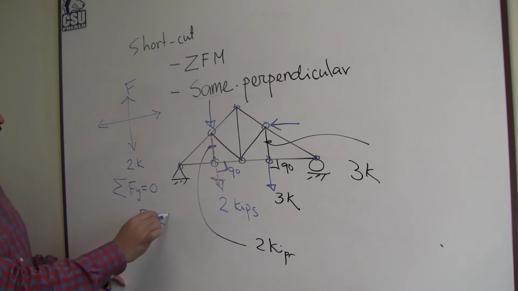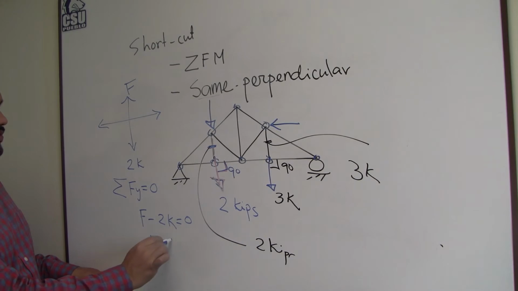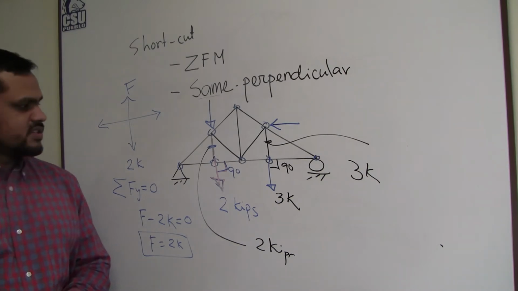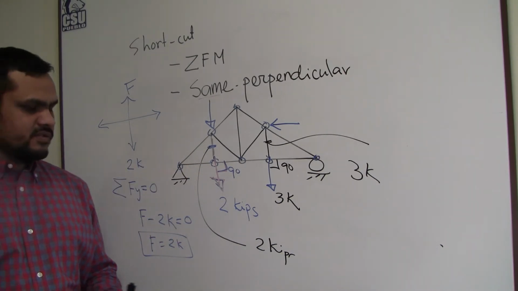Assume downward negative, upward positive, equals 0. You will find F equals 2 kips. Without applying the joint method, simply by seeing it visually, you can tell the member force.